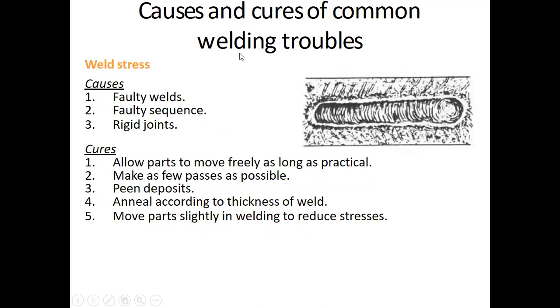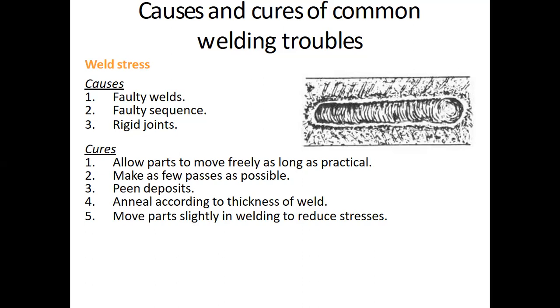And the last thing is weld stress, right? Now, what are the causes? Faulty welds, faulty sequence, rigid joints. Weld stress is something that is not really desirable when it comes to design.